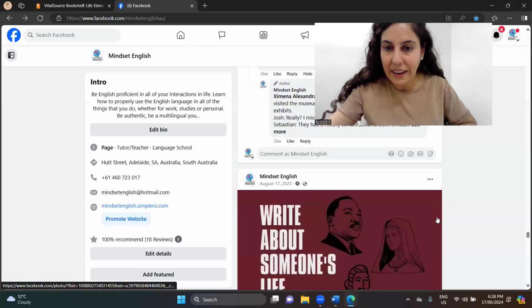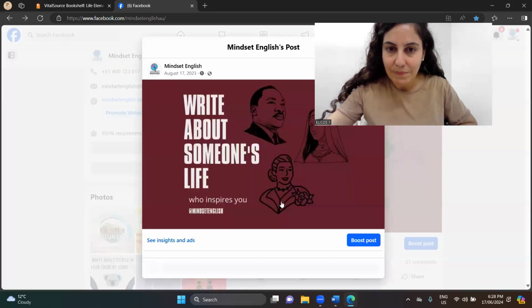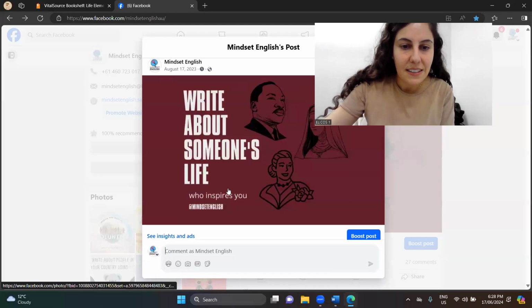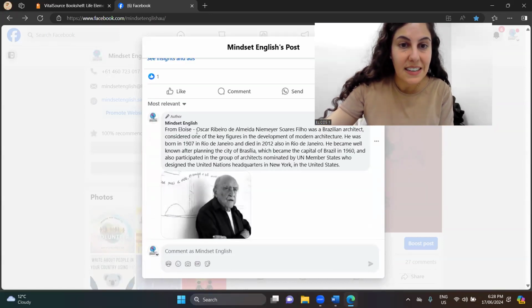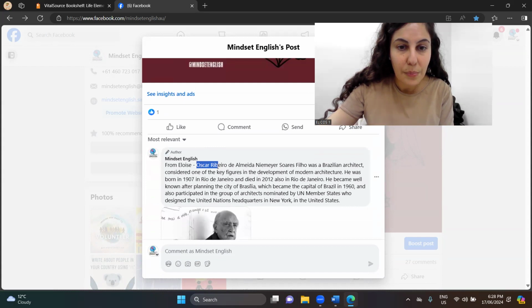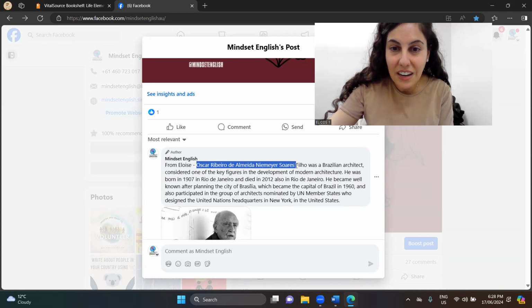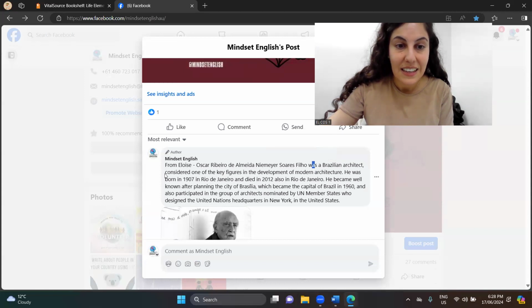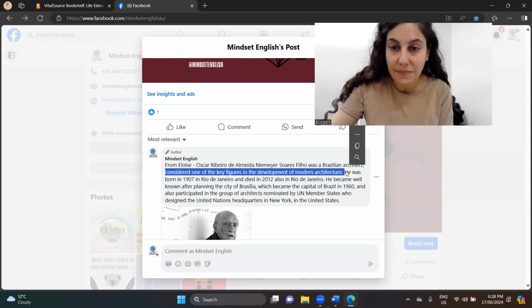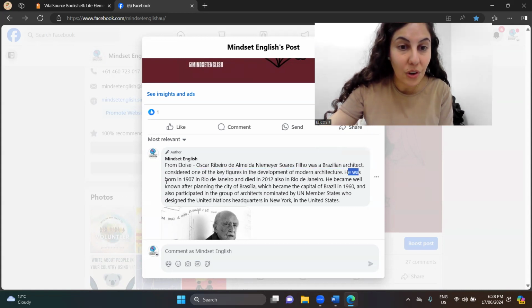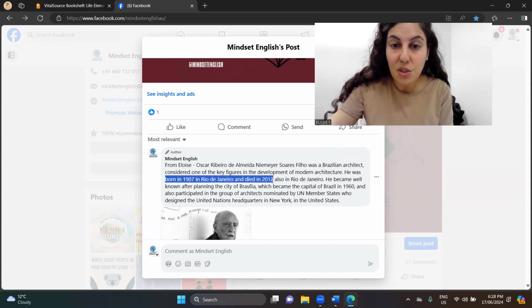So you could see we have, let's see, Eloise says, Oscar Ribeiro de Almeida Niemeyer Soares Filho was a Brazilian architect, considered one of the key figures in the development of modern architecture. He was born in 1907 in Rio de Janeiro and died in 2012, also in Rio de Janeiro.